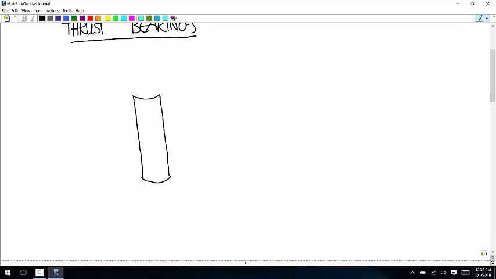Let's think about hollow tubes. So we'll do everything in terms of an inner and an outer radius, and then that works perfectly well for solid tubes too. You just have an inner radius of 0.